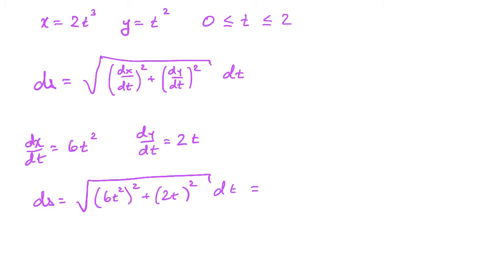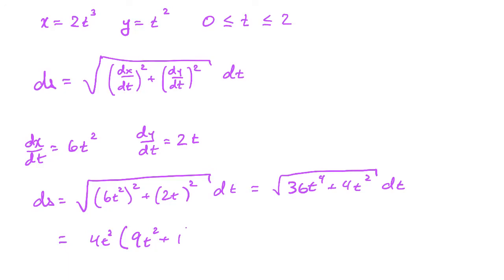So when we simplify this out, what we really get then is 36t to the fourth plus 4t squared, and the square root of all of that, dt. Well, if we go ahead and take out a 4t squared from that, that's going to give us a 9t squared plus 1 underneath our square root and dt.